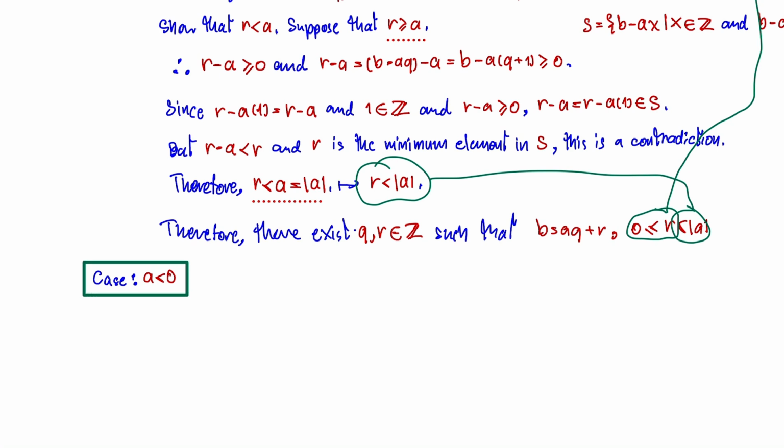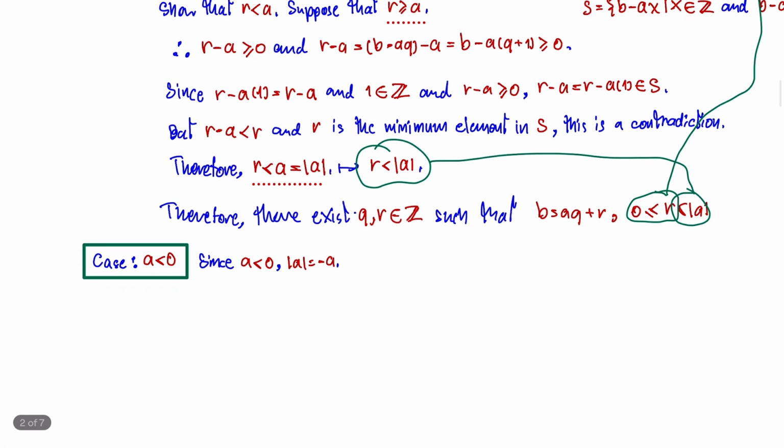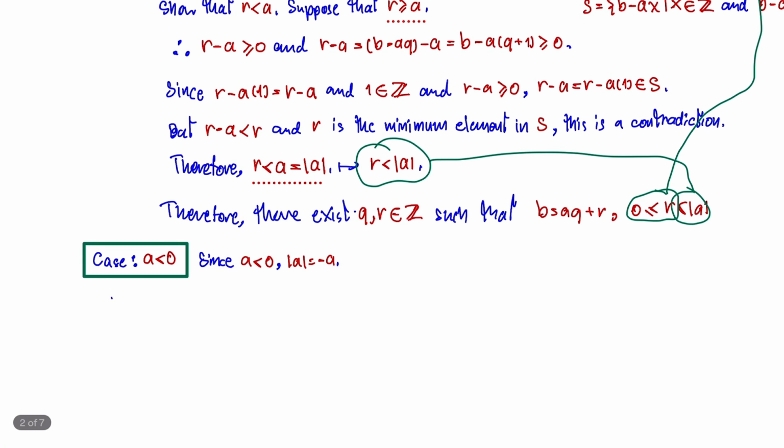Since A is less than 0, the absolute value of A is going to be negative A. So from the case where A is greater than 0, what do we have?